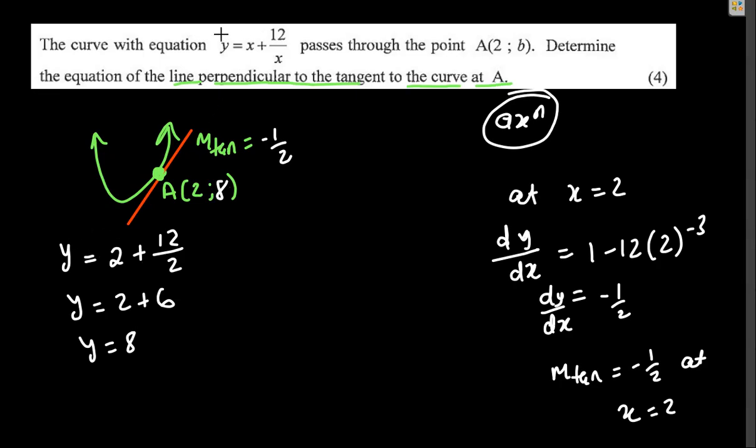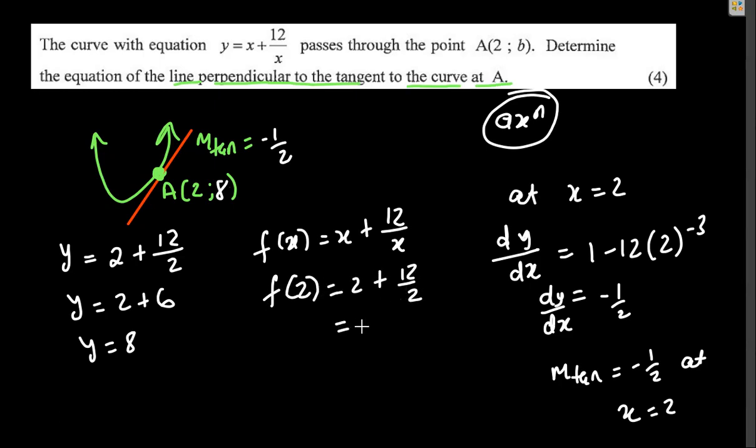If you don't want to visualize it in this format, you can still say f of x is equal to x plus 12 over x. When you say f of 2, that would be 2 plus 12 over 2. You get the answer as 8. So f of 2 is 8, which means when x is 2, the y value is 8, which is the same thing here. When x is 2, the y value is 8.